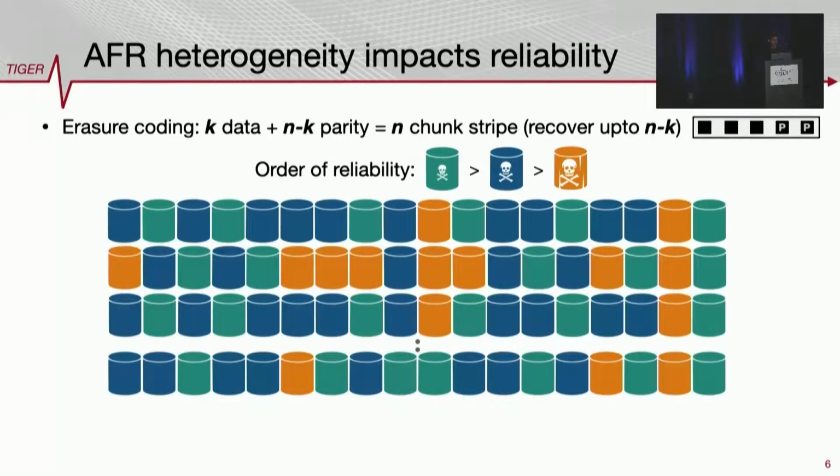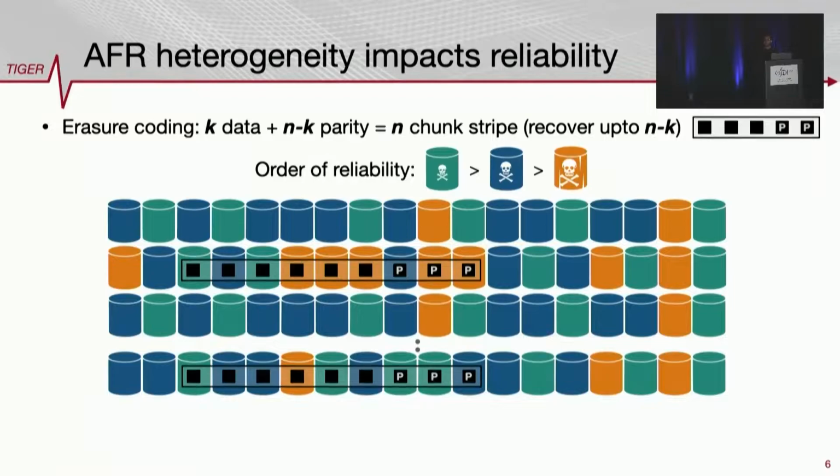Okay. So now in a typical cluster, you will have a mix of makes and models and of ages. Here, when you exercise a certain level of reliability using a redundancy scheme, say 6 of 9, what ends up happening is these 2 stripes end up having different reliability because they are stored on differently reliable disks.